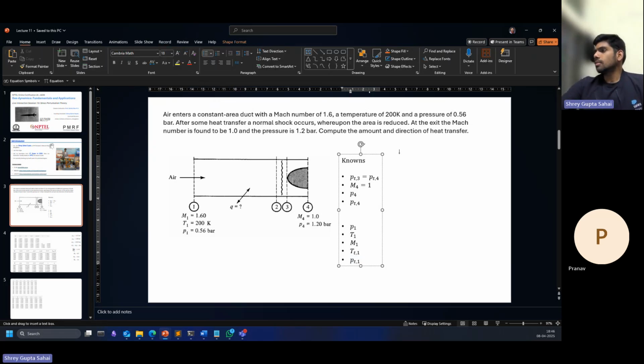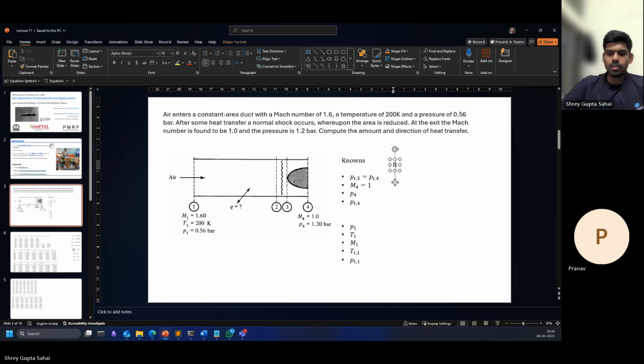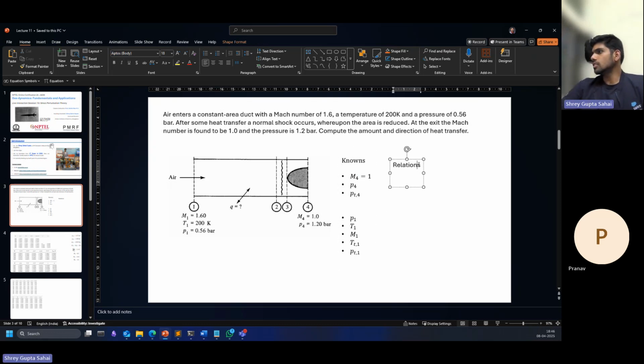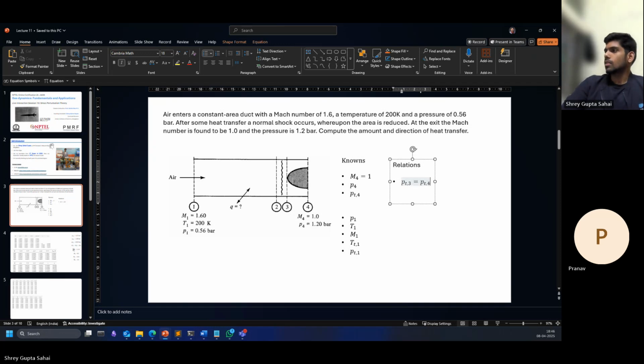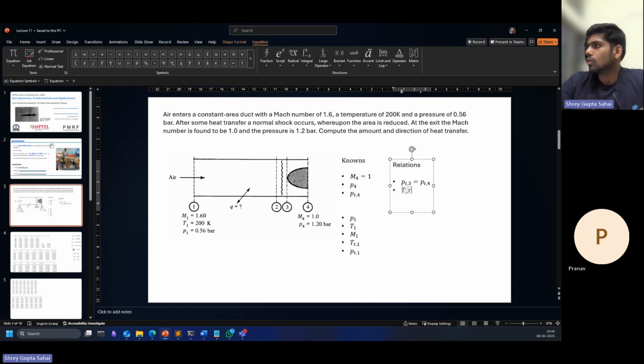Now from 1 to 2, these are knowns. Now let's write some relations. These are the relations that we know. And total temperature is also known.